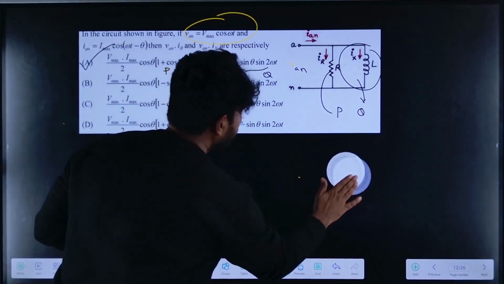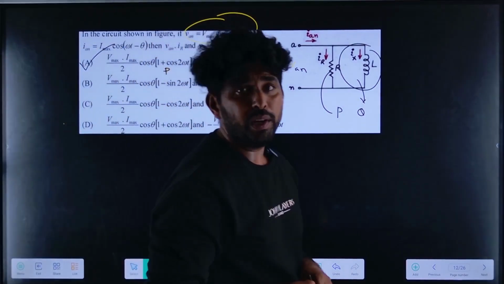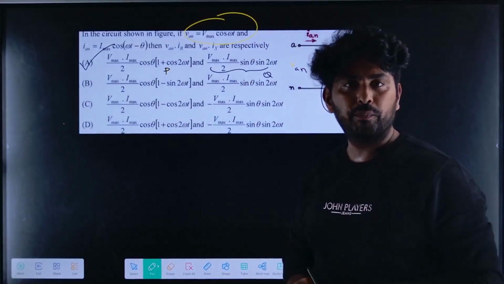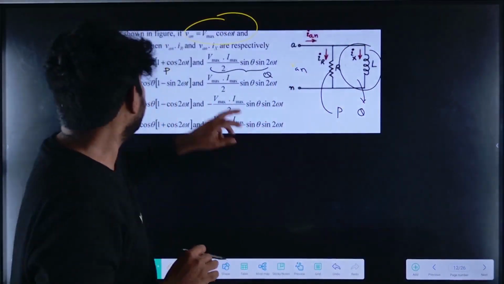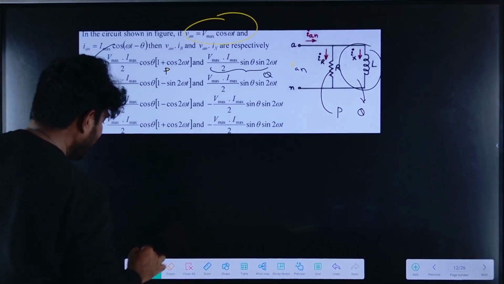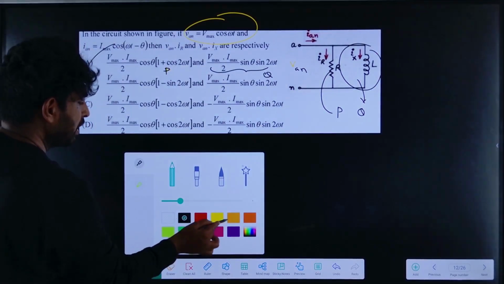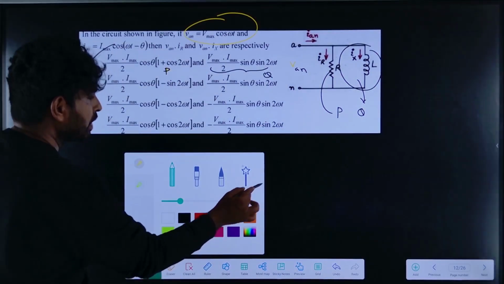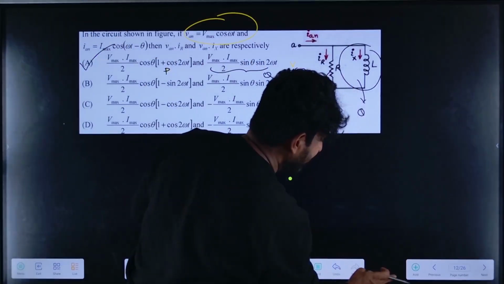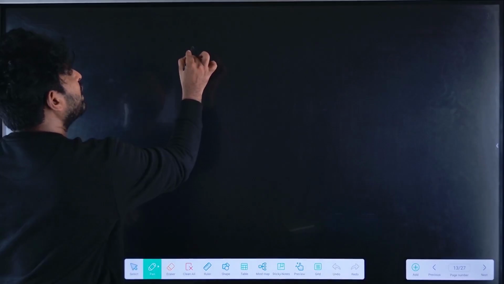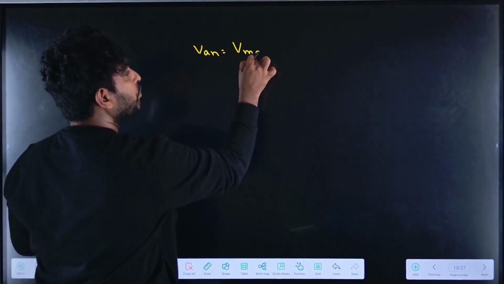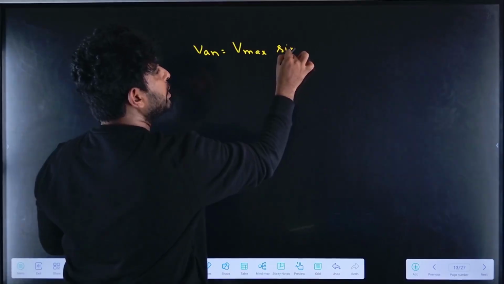For example, now the same circuit is given, and if VAN is given as Vmax sin omega t.